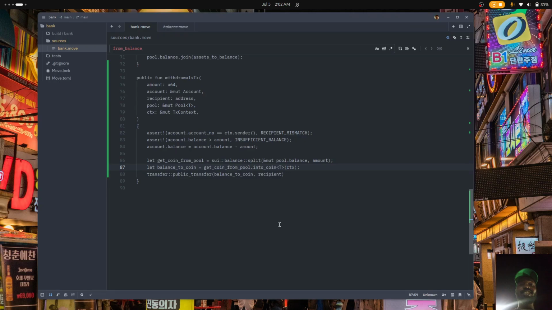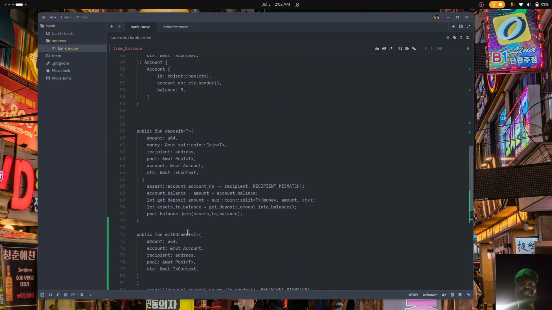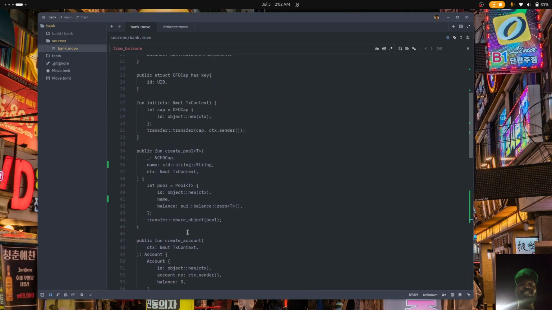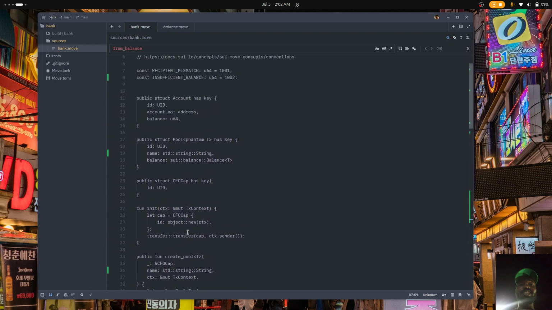So to make sure that I'm taking out from the correct pool, there has to be something that points my account to the actual pool, because what I'm doing is just keeping balance, right? Then the account has a number, a balance, but the balance is just a number. So that implies that my account needs to have a type.